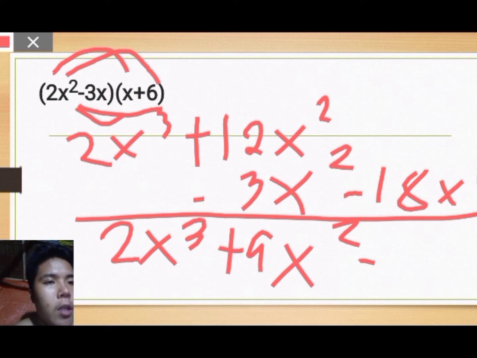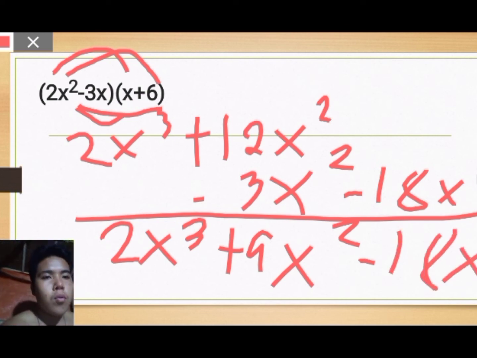Then bring down negative 18x. So that is the final answer when you multiply 2x squared minus 3x times x plus 6.